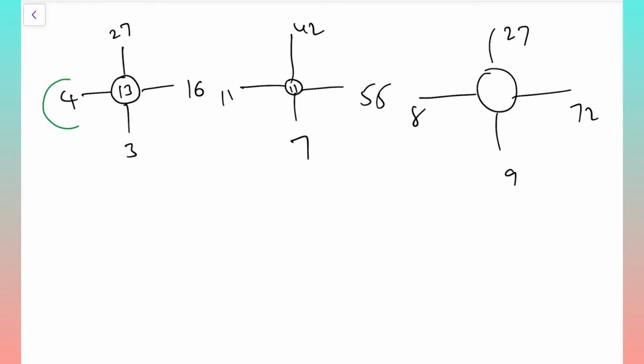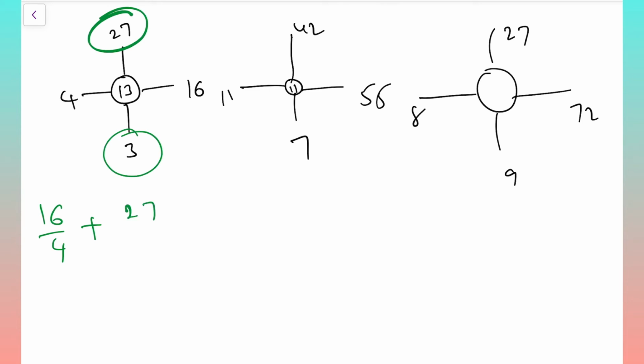First, what is the logic behind this 4 and 16? Division: 16 by 4, plus, what is the relation between these two numbers, 27 and 3? Again I will do division, 27 by 3. So we get 16 by 4 is 4 plus 27 by 3 is 9. 4 plus 9 is 13, which is the middle number.